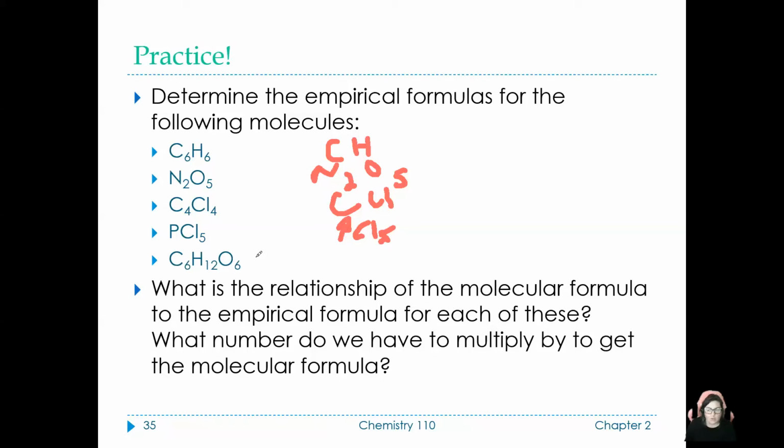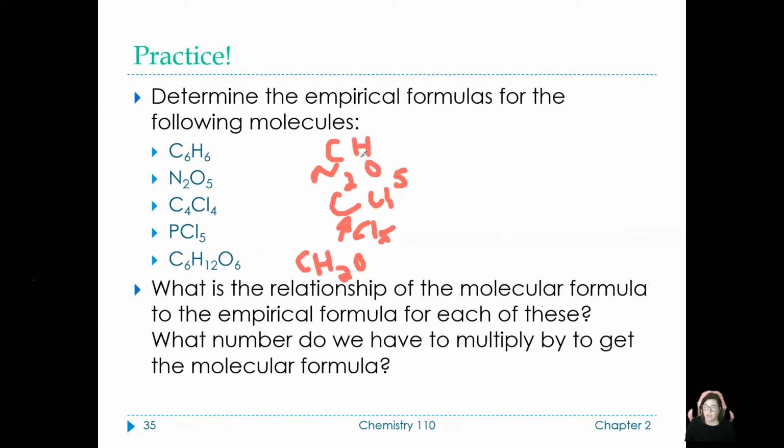C6H12O6. Well, all of those are divisible by 6, so my empirical formula is CH2O. So if I divide everything by 6, that's what I'm left with, okay? So what is the relationship of the molecular formula to an empirical formula for each of these? i.e., what number do we have to use to multiply to get to the molecular formula?